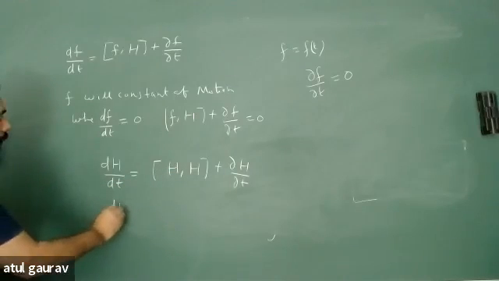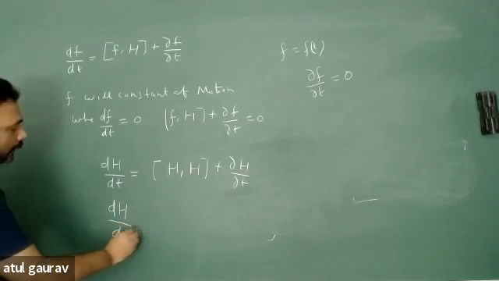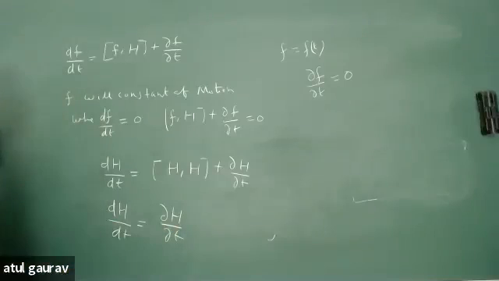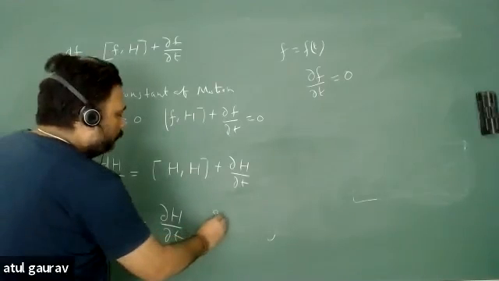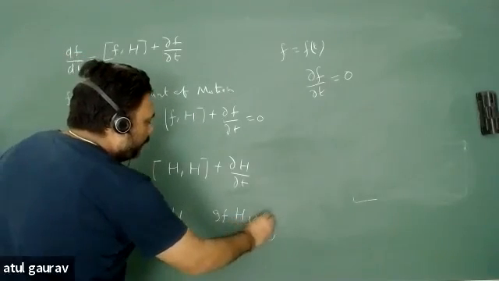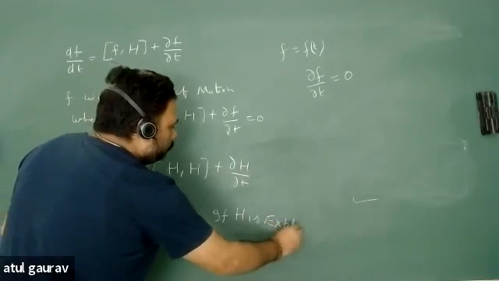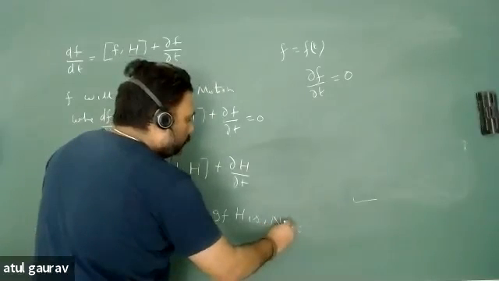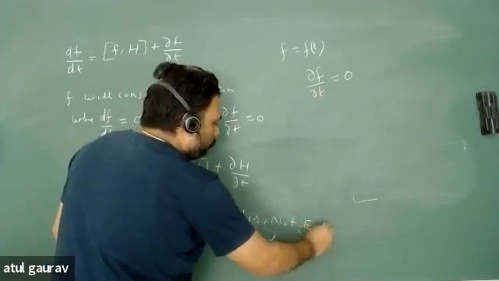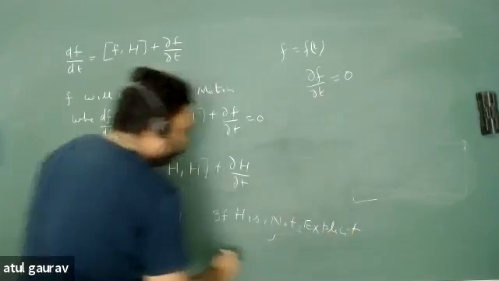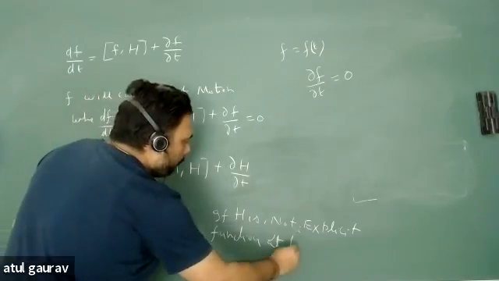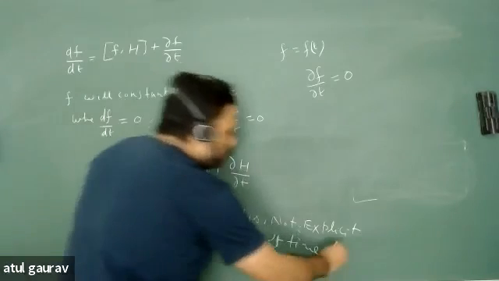So for the case of the Hamiltonian only, you can write dH upon dt is equal to del H upon del t. And for the case of the Hamiltonian, if H is not an explicit function of time, then only it is conserved.